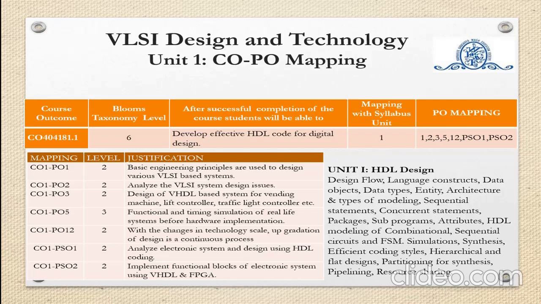This particular course outcome is mapped with different POs like PO 1, 2, 3, 5, 12 and then PSO 1 and PSO 2.